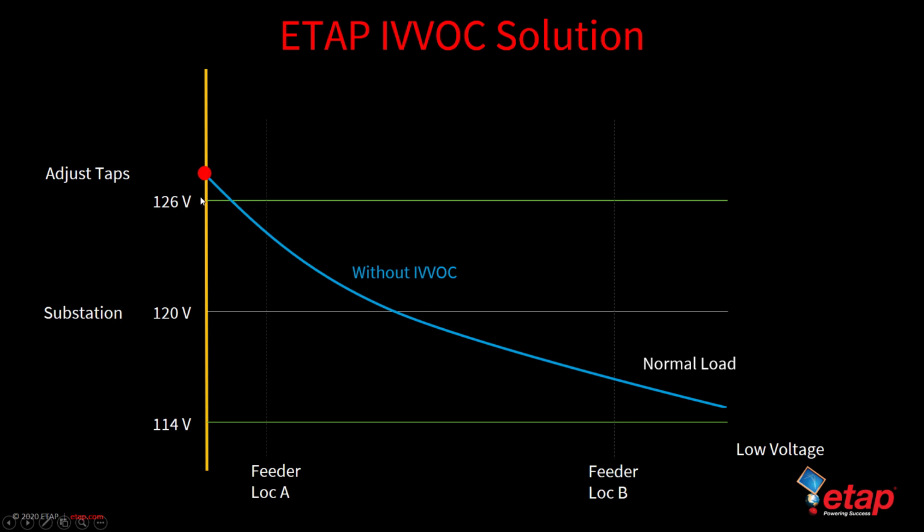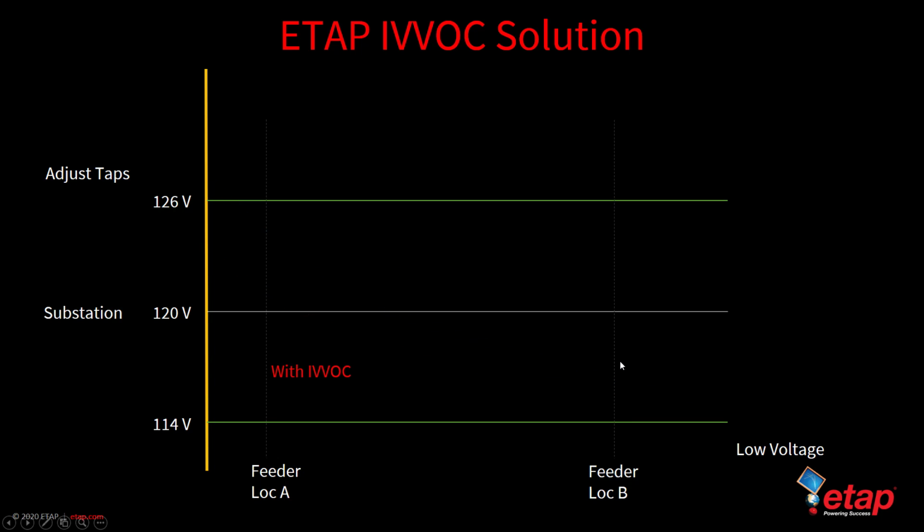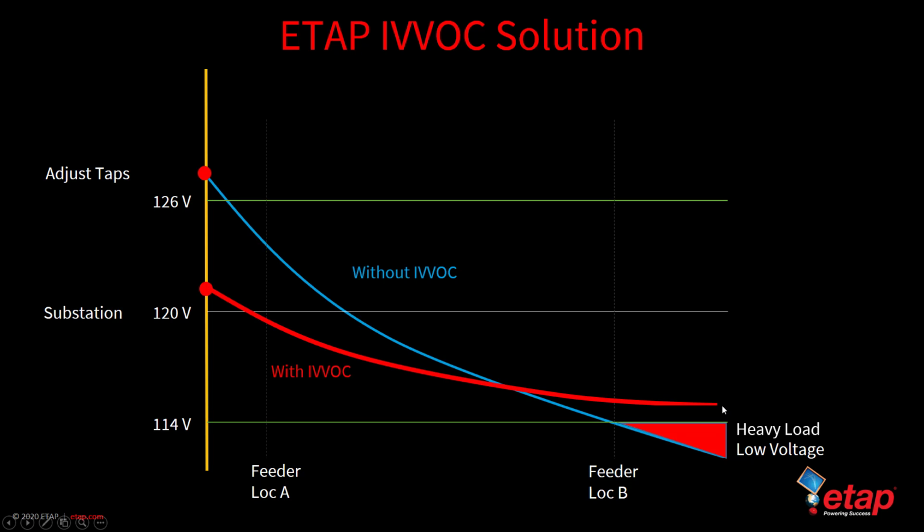So therefore, with the ETAP integrated VVOC solution, if we look at our problem again without integrated VVOC for normal load, we can actually adjust that such that the sending side voltage and the receiving side voltage under normal load is within reasonable limits. And without VVOC, we would normally see a lower voltage condition, but with VVOC, we can again bring the voltages to within acceptable limits.